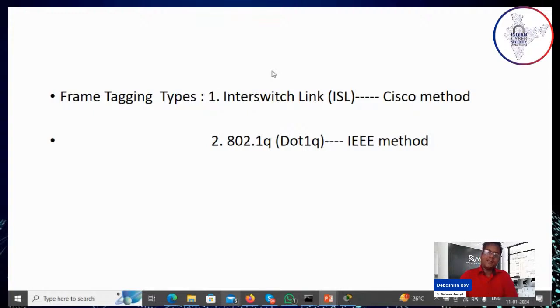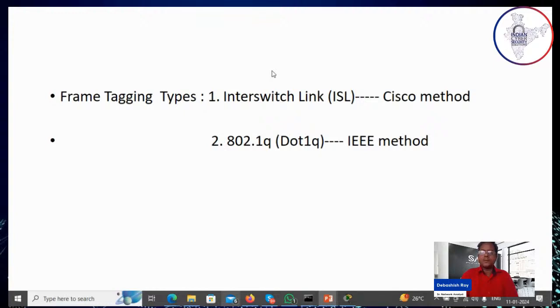Now ISL is Cisco proprietary, so definitely it is not used by other vendors. If you are using only Cisco routers and switches, in that case ISL can be used. But .1q is vendor independent and it can be used in any environment.